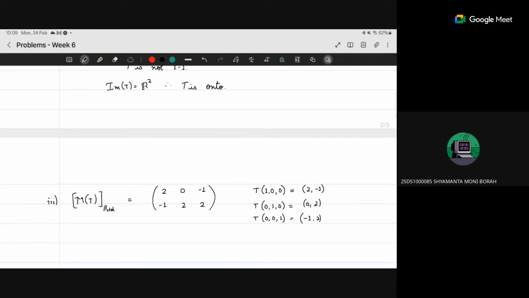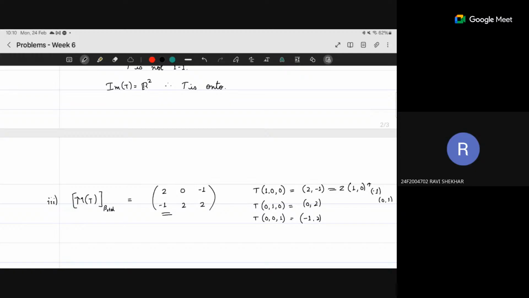You can use any basis, but the advantage with the standard basis is that once you write T of 1, 0, 0 is 2, minus 1, you don't need to find out what the coordinates are, because in the standard basis, this itself will be the coordinates. Here you actually need to write the coordinates, not the vector that you get. Yes, the coordinates of a vector in the standard basis is just the vector itself.